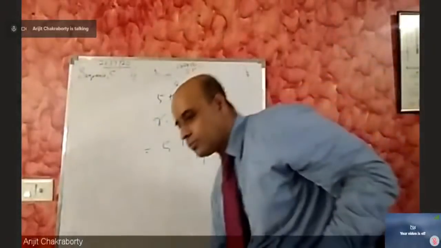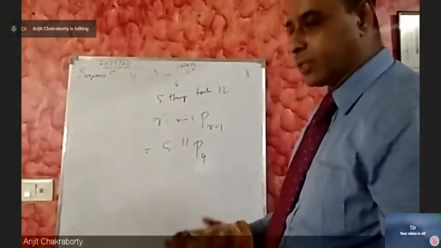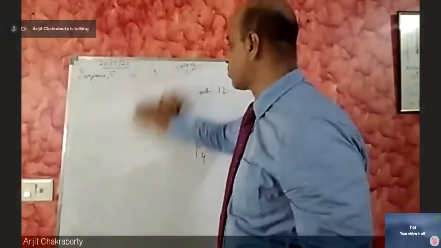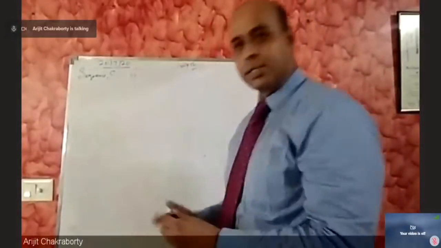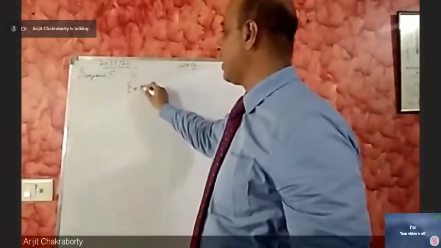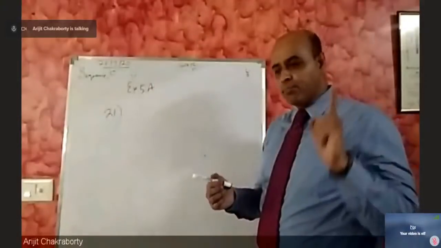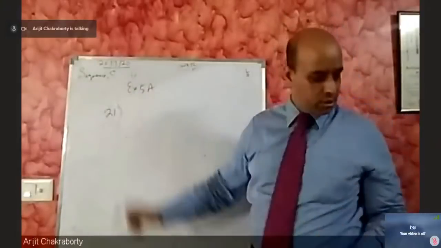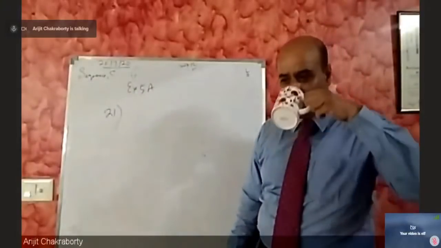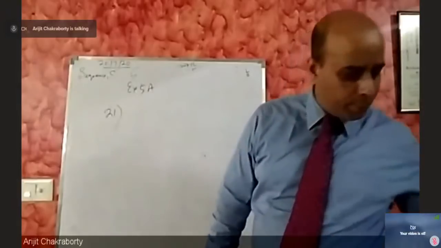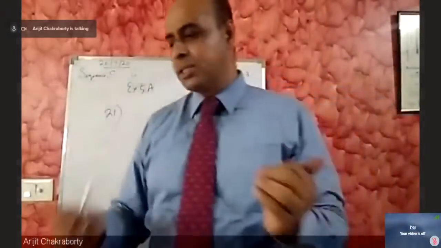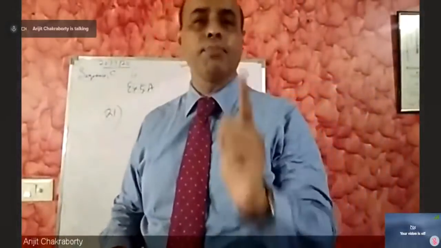Okay. Next we have, from Anjali Priyadarshini, 5A, question number 21. Let's go to exercise 5A, number 21. Please note. The request has come from Anjali Priyadarshini from Odisha and Kajal Prajapati.